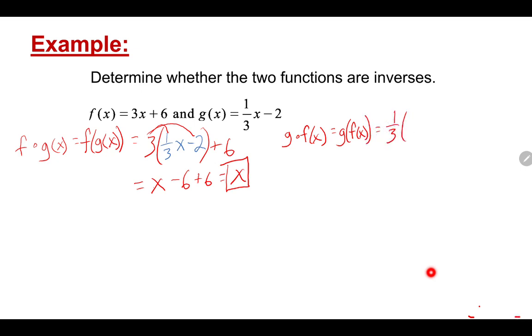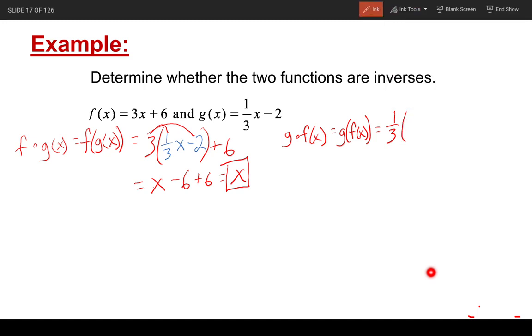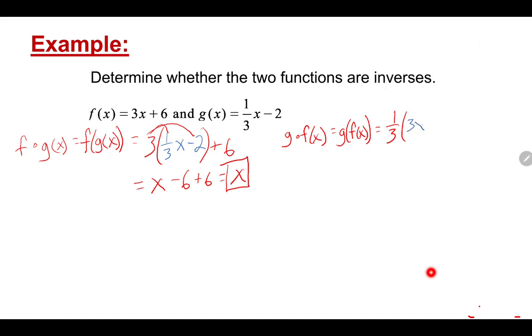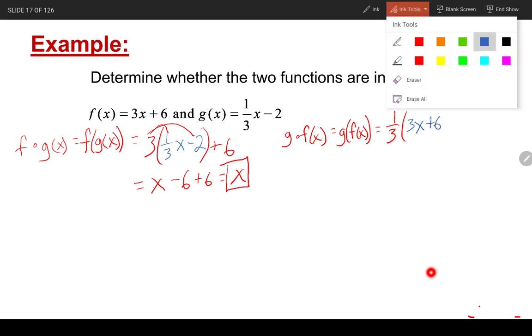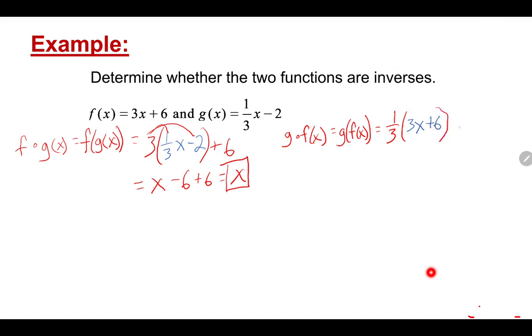So this is g of f of x, which is 1/3, open a parenthesis, and then we'll plug in the f function, so 3x plus 6, and then we will close this and have -2. Again, same situation. I got to distribute this fraction to both terms.